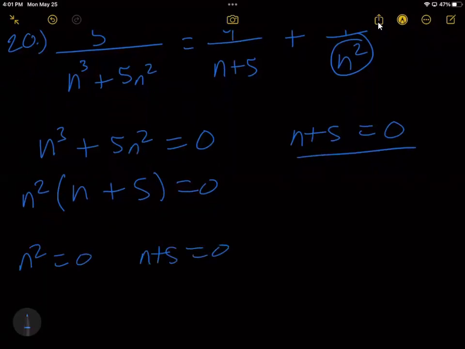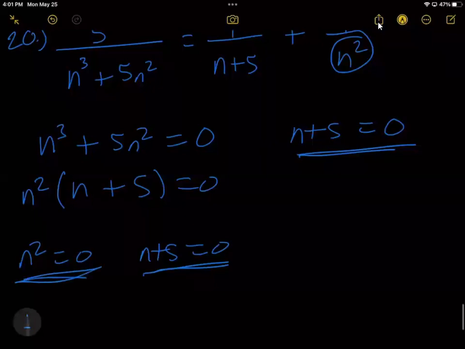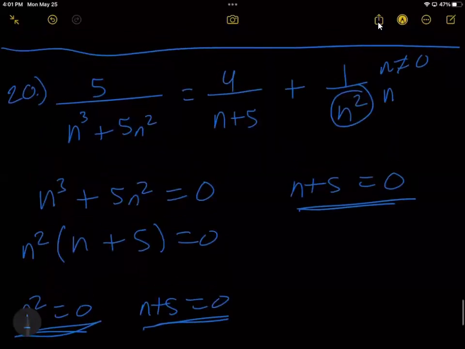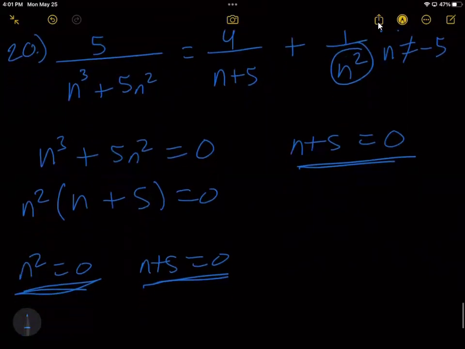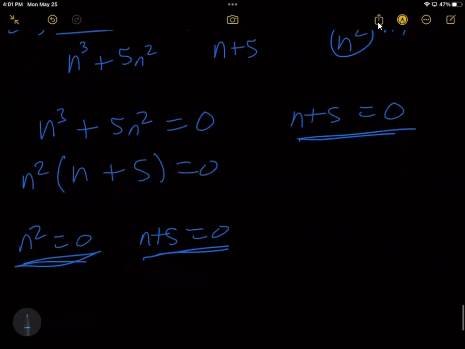And this is already n plus 5 set to 0. So these are going to end up being the same, which means we already did this one. So n can't be 0, which is what we already said, and n can't be -5, because that will make our denominator 0, which we cannot have. So I think we're good to go on that front.